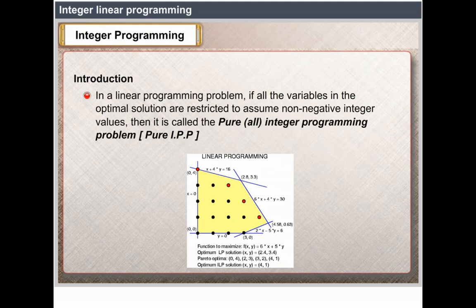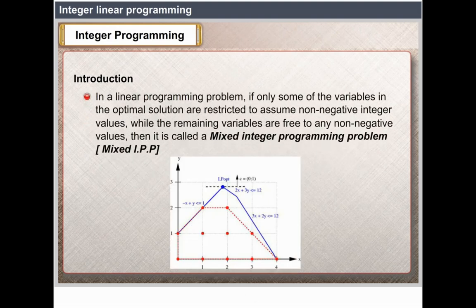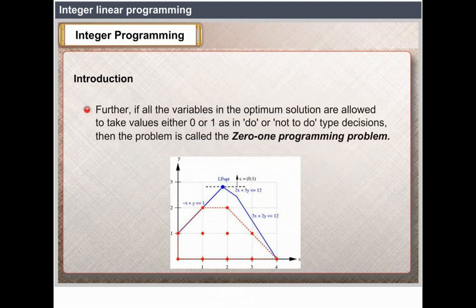That means pure IPP. In a linear programming problem, if only some of the variables in the optimal solution are restricted to assume non-negative integer values, while the remaining variables are free to take any non-negative values, then it is called a mixed integer programming problem. That is called mixed IPP.